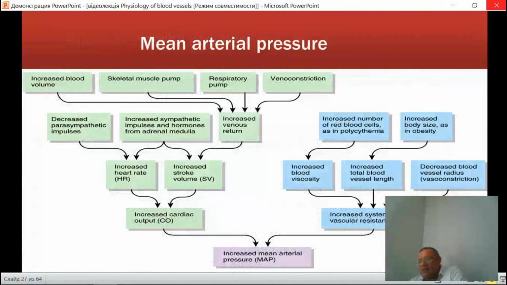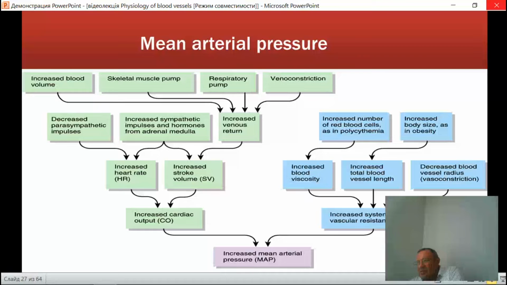On the slide you can see different factors for regulation of mean arterial pressure. Green color shows factors: increased blood volume, skeletal muscle pump, like skeletal contraction, respiratory pump during breathing, and vasoconstriction. These factors increase venous return.